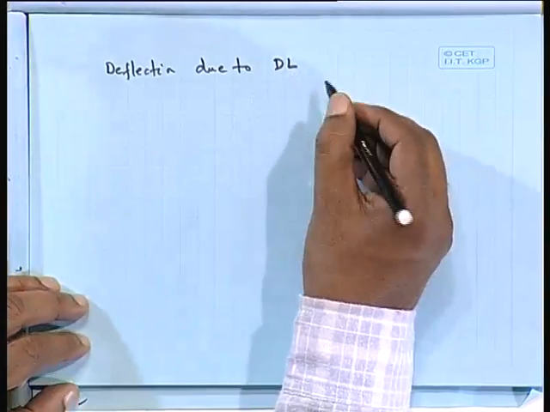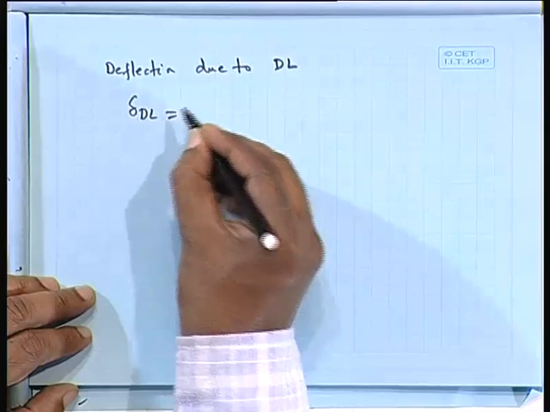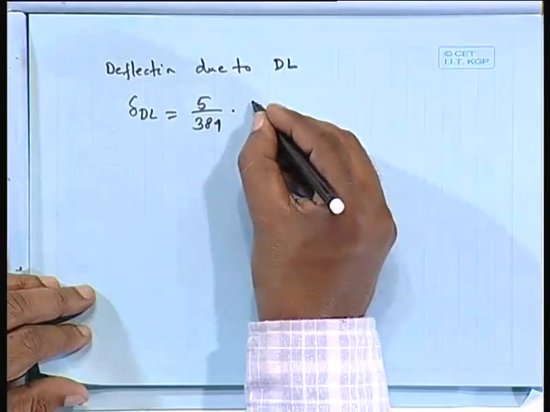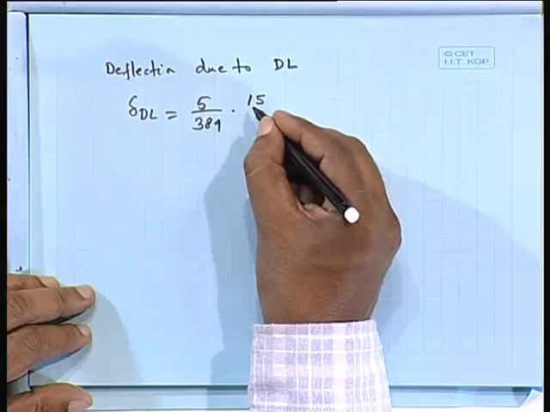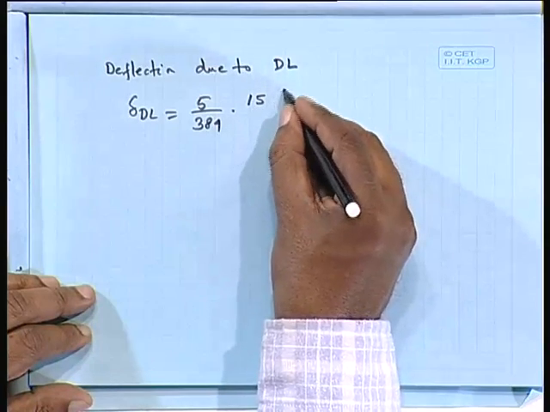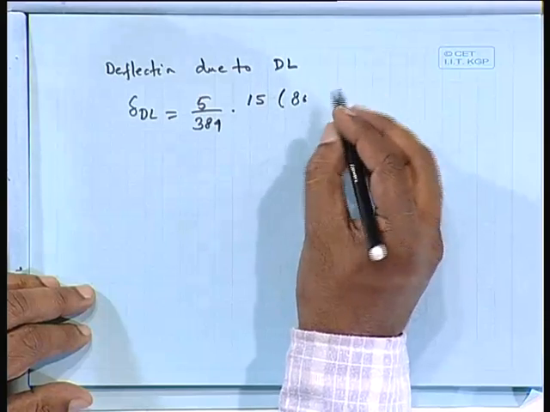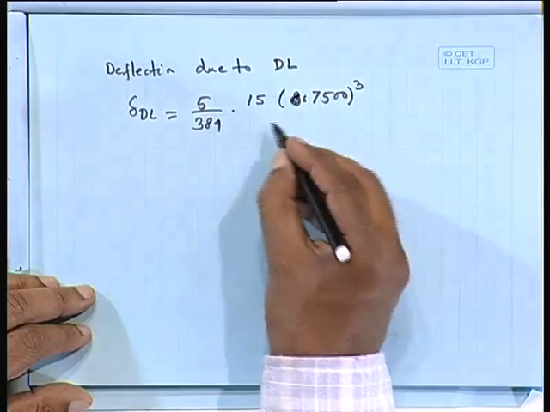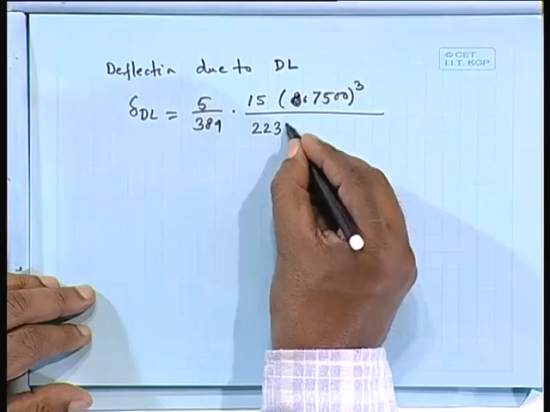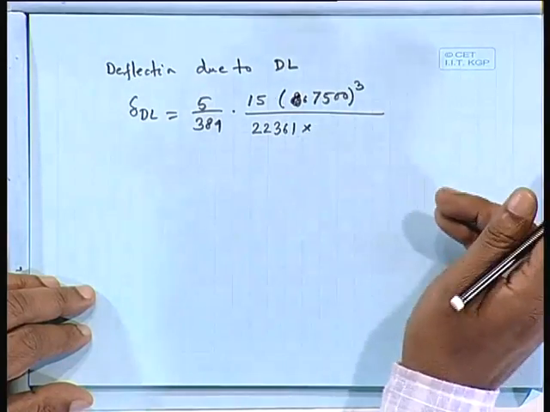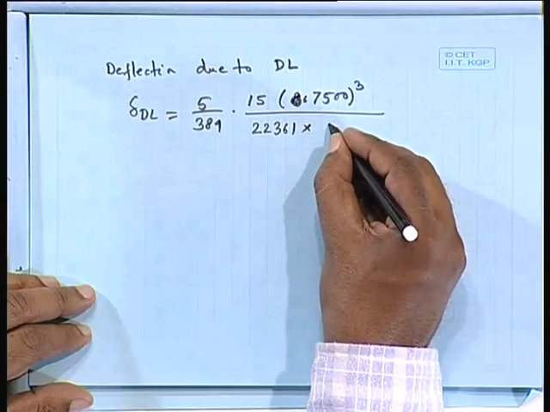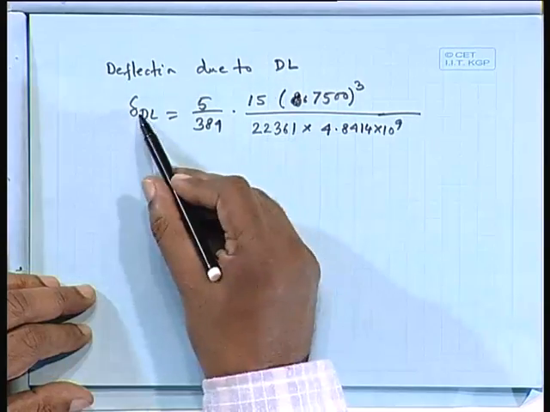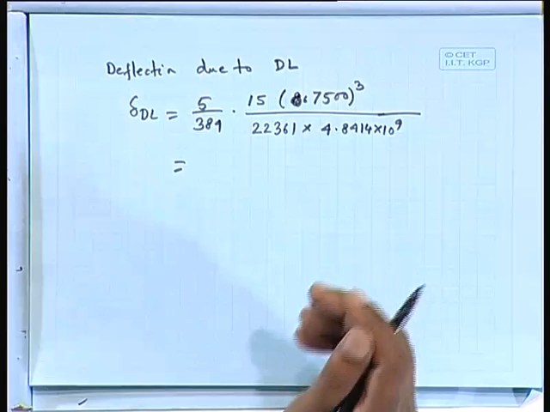So, delta DL we can write down as 5 by 384 into that 15 kilonewton per meter, that means 15 Newton per millimeter also we can write down, times 7500 to the power 4 by E, 22361, times IR or I effective, that is equal to 4.8414 into 10 to the power 9, that is what we have computed. Using this formula we can find out.